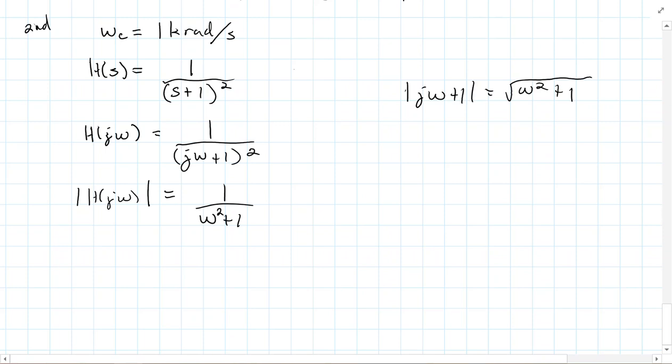And then I could go ahead and convert this to decimal if I wanted to, but really what I'm wanting here is I'm wanting this to be equal to 1 over the square root of 2. Okay, well, 1 over the square root of 2 equals 1 over omega squared plus 1. And so I'm going to solve this here.